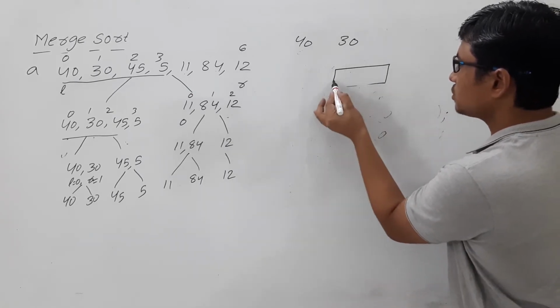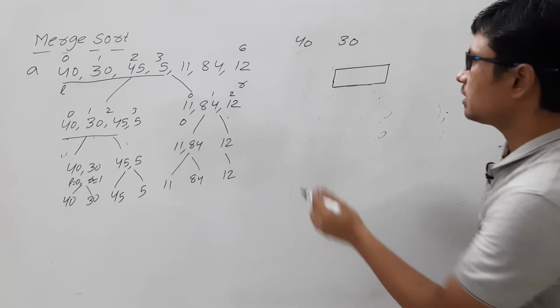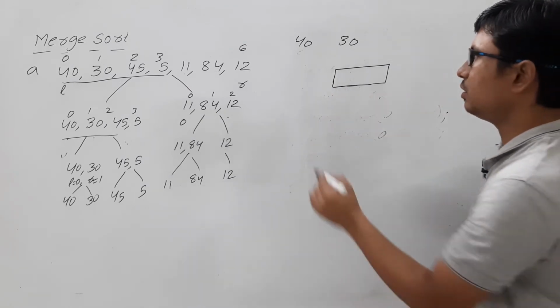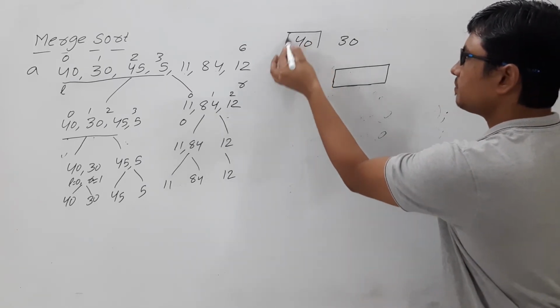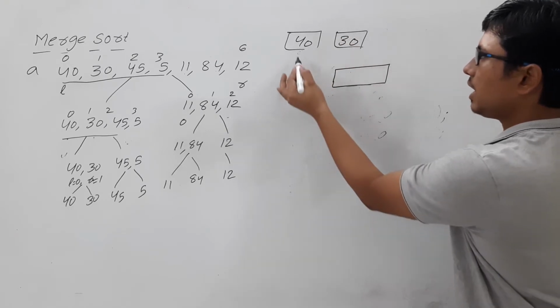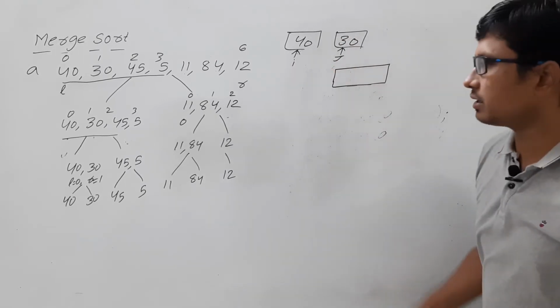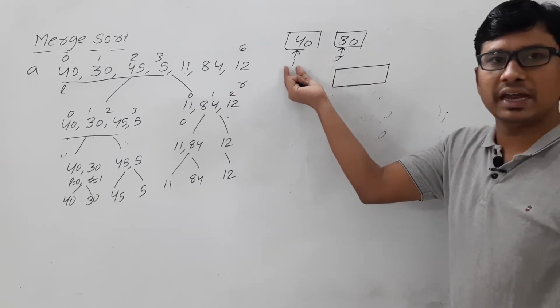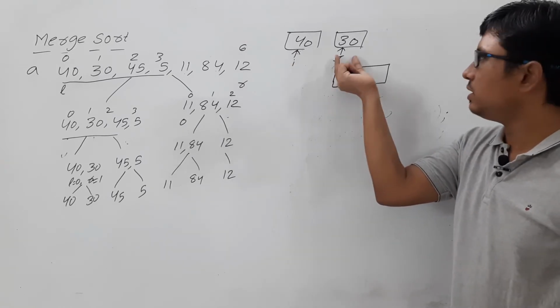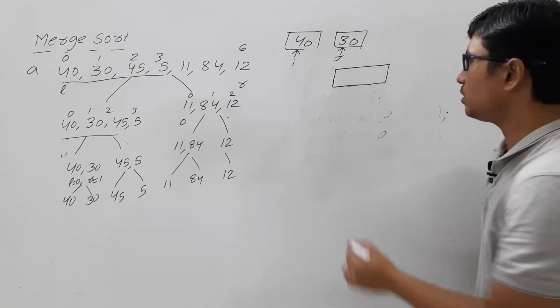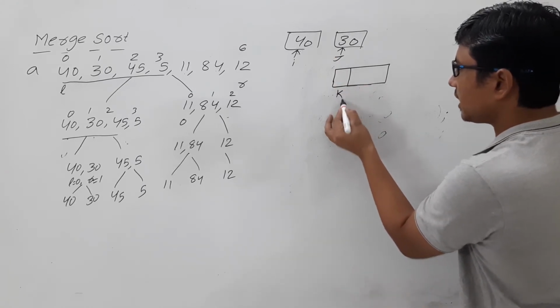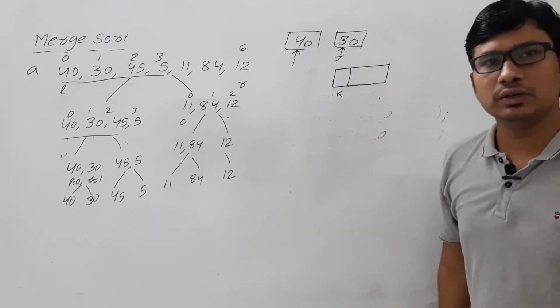So you take another array consisting of two slots. This is another array, and you initialize the I value here and the J value here. The starting position: I is equal to 0, J is equal to 0, and in the other array K is equal to 0.